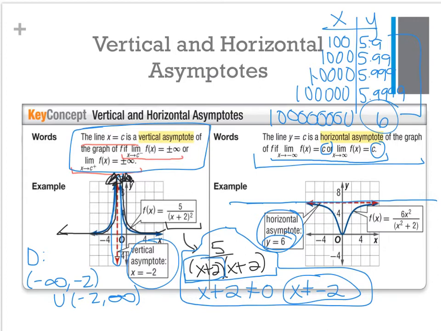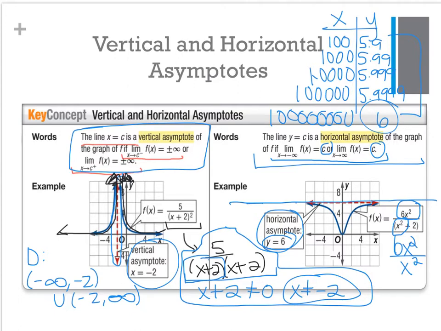Now, if we're looking at this from an algebraic standpoint, a horizontal asymptote is found if you take the highest degree term in the numerator and the highest degree term in the denominator, and you compare them.